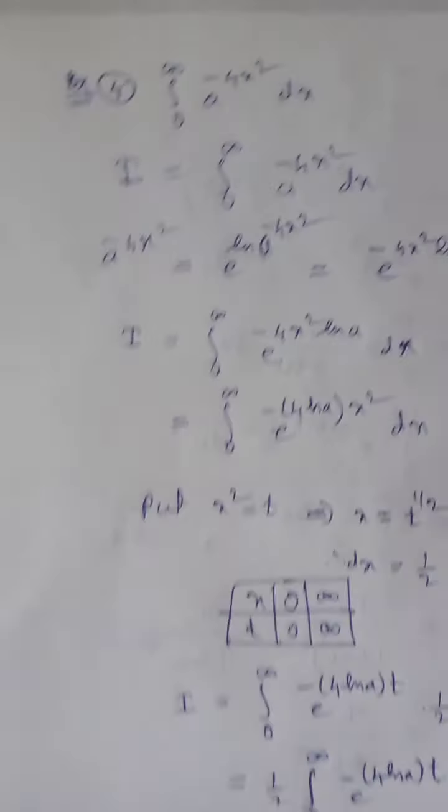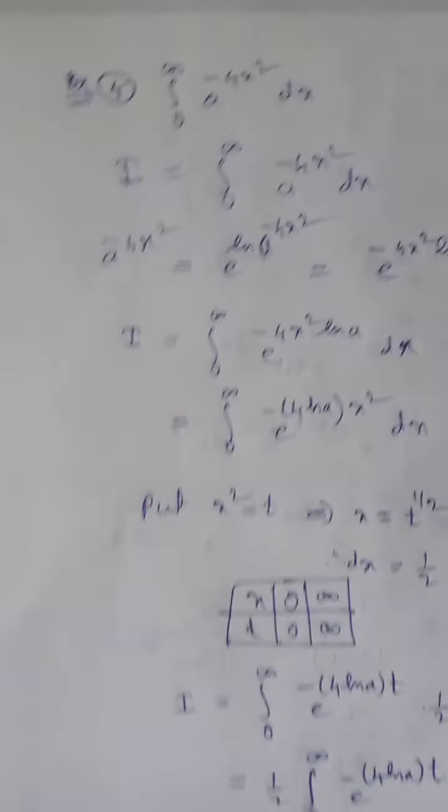So to use that definition, we'll write this power of t in terms of n minus 1. So e to the power minus h square t into t to the power half plus 1 minus 1. So that is 3 by 2 minus 1, into dt.